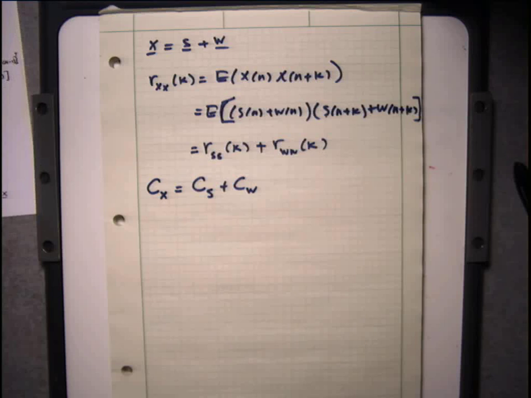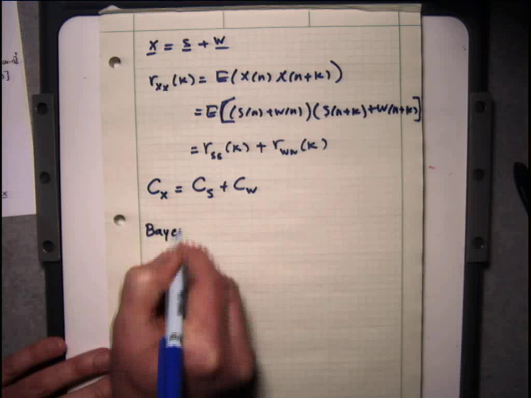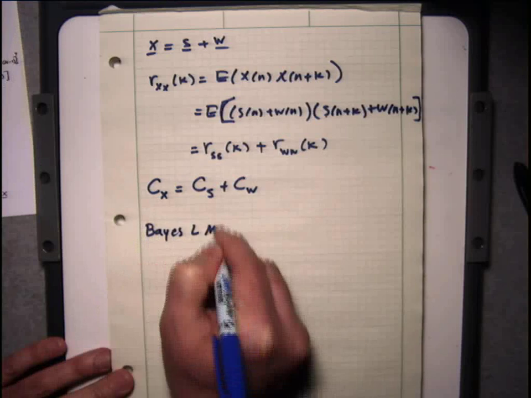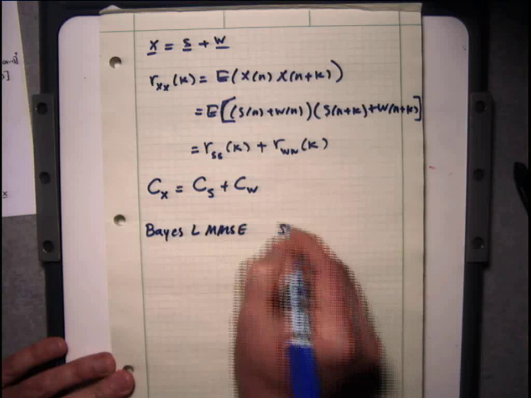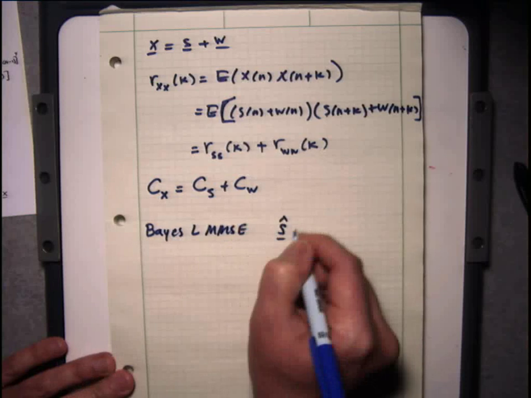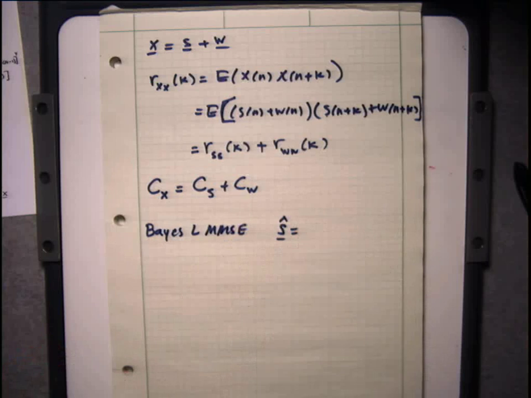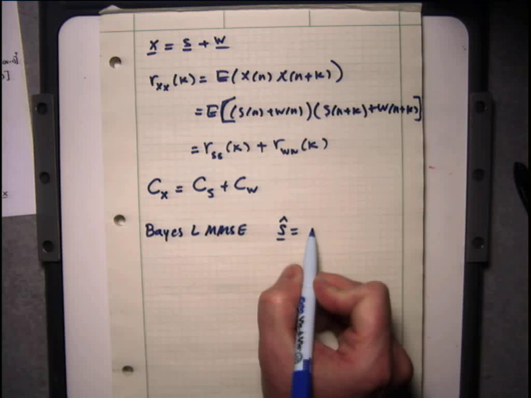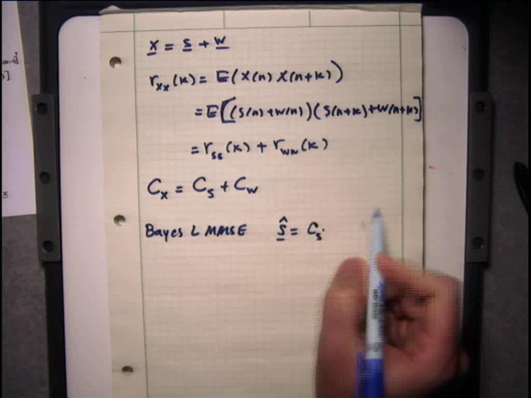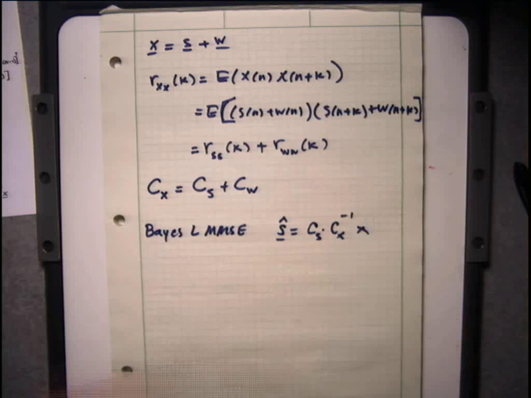All right. So now, what I want is the Bayes linear minimum mean squared error estimate for S. So this would be S hat. Okay? So if I go back and think about what the formula for this was, this would be CS times CX inverse times X. Okay?